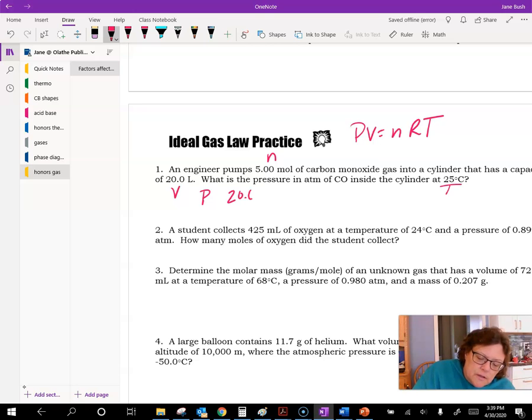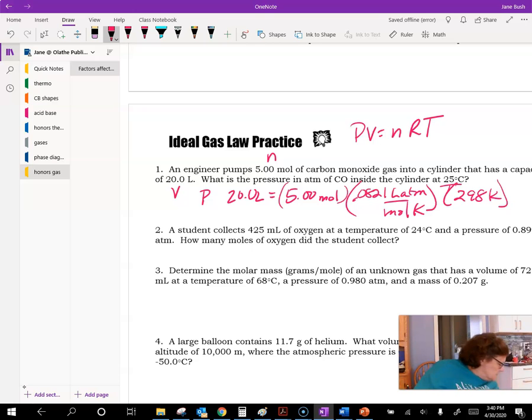Volume is 20, n equals 5. R value, 0.0821 liter atmospheres over mole Kelvin. And T1 is 25 plus 273, 298.